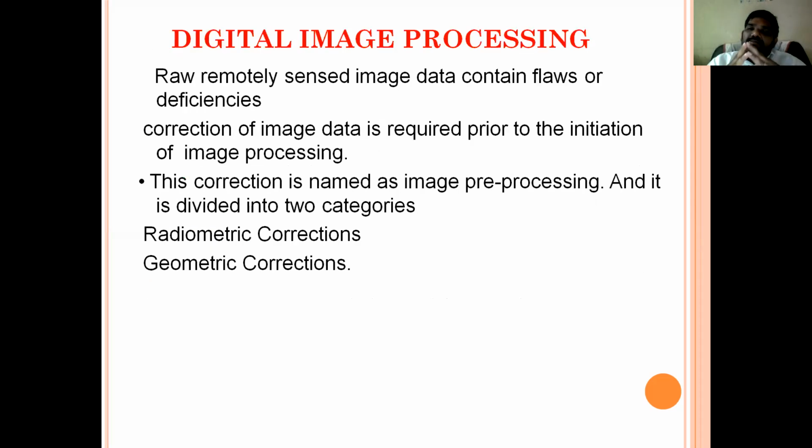Here, as we are discussing digital image processing, it is mandatory to remove certain flaws and errors which may occur because of the atmospheric influence, as the EMR, which holds the image of the target, is traveling from sensor to target, target to sensor.